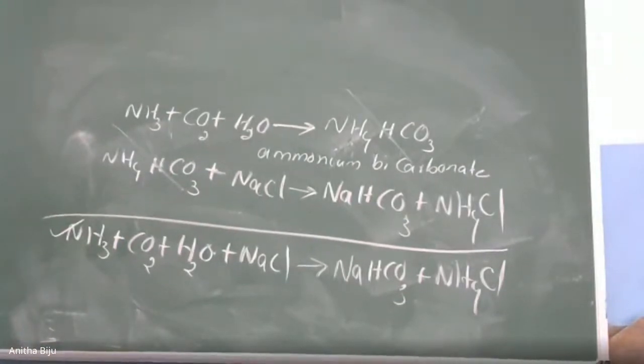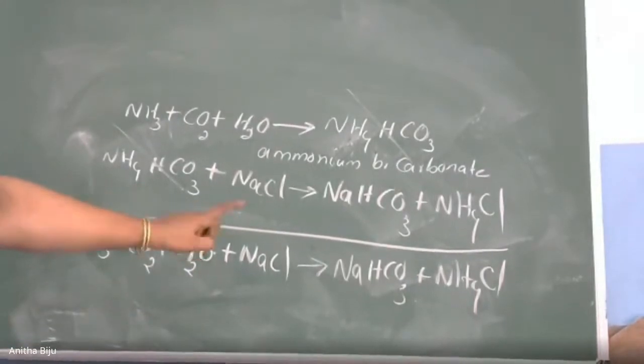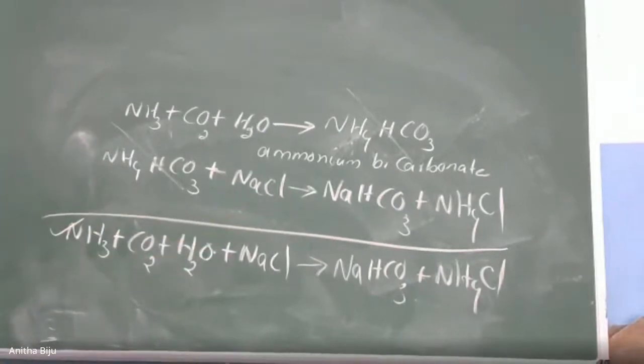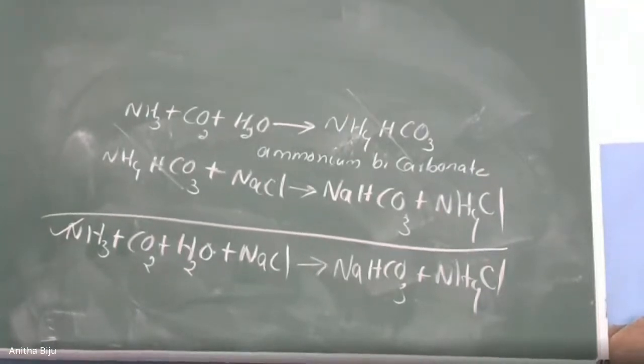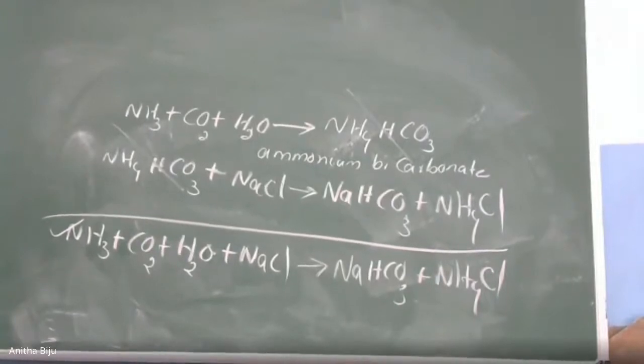So as you wish, you can try to find out your own way of learning. No harm. Now, since sodium hydrogen carbonate is partially soluble in water, we can separate it out as a precipitate, which is filtered and dried. In this way, we can prepare baking soda. So this method of preparation, the manufacture, is very important.